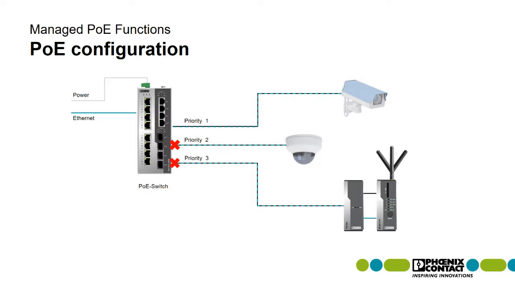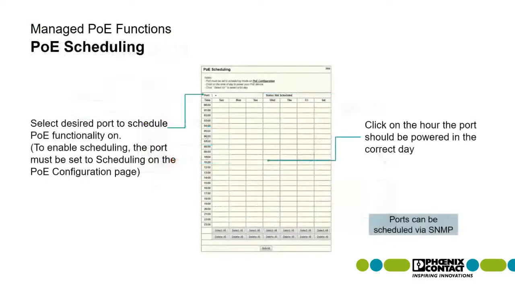What happened was there was a bit of a sag, so priority 2 and priority 3, the access point and that dome camera, were cut off automatically, leaving only the most important device in the network continuing to run. So we can see that again. So it gives you the capability to select which devices are going to run and not run.